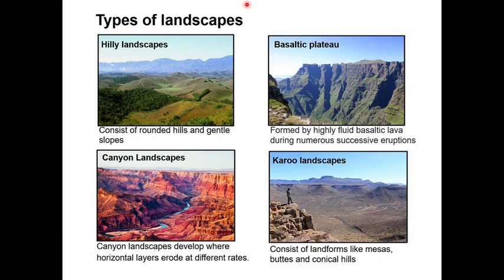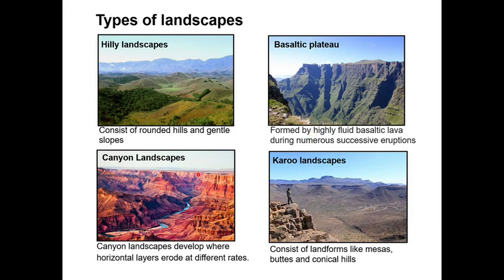Okay, now it's very important that you must know that these are the types of landscapes that you will find. You'll find your hilly landscapes. Okay, as you can see here in the photo, it consists of rounded hills and gentle slopes. Your basaltic plateaus formed by highly fluid basaltic lava, and they are deposited layer upon layer upon layer, until you get your basaltic plateau.